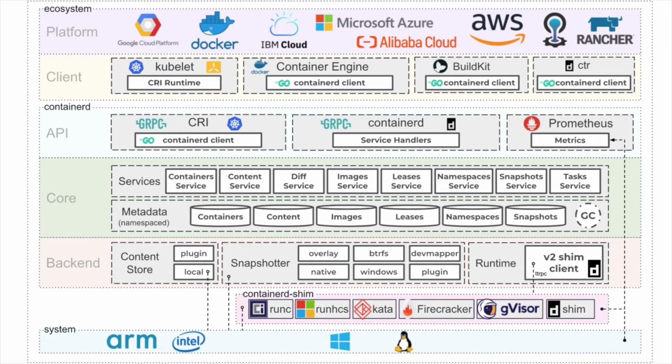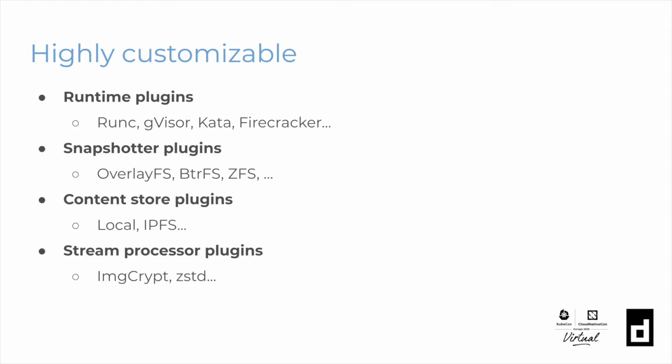This figure shows the architecture of containerd. You can see several core services, such as the container service and image service, in the middle of the slide. And you can also see several backend subsystems, such as runtimes and file system snapshotters. These subsystems can be easily extended with plugins.